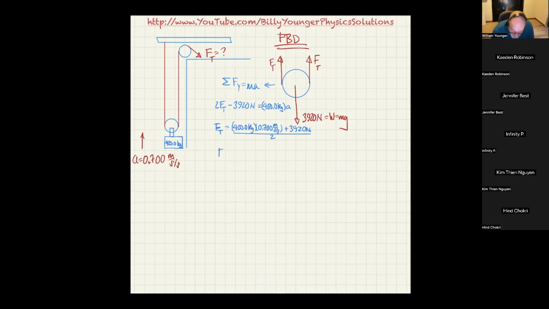So that gives me the tension force is going to equal 400 times 0.7. That gives me 280 plus 3,920. That gives me 4,200. So I'm going to say 4,200 newtons over 2, which ultimately gives me just 2,100 newtons for that one.